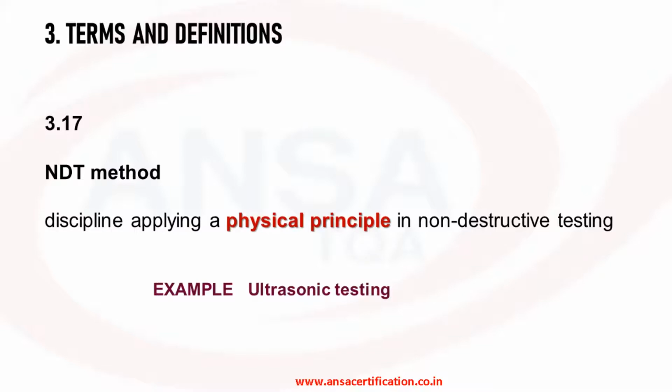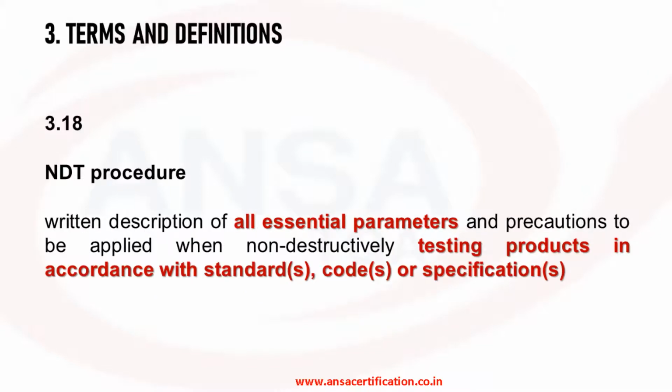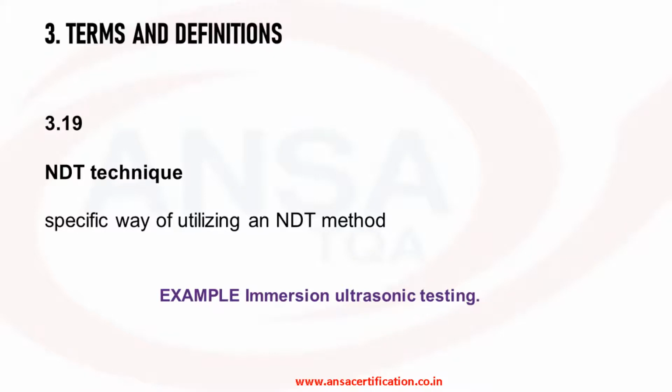For example, ultrasonic testing, radiographic testing. NDT procedure. It is a detailed, step-by-step description to test the product in accordance with standards, codes, or specifications. NDT technique. Technique related to a particular NDT method. For example, immersion ultrasonic testing.